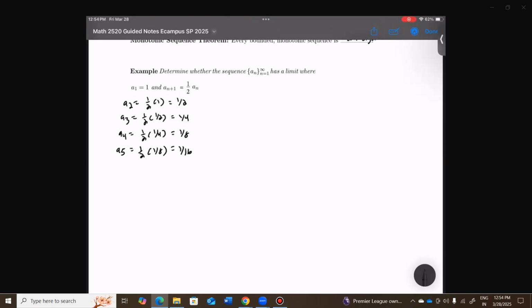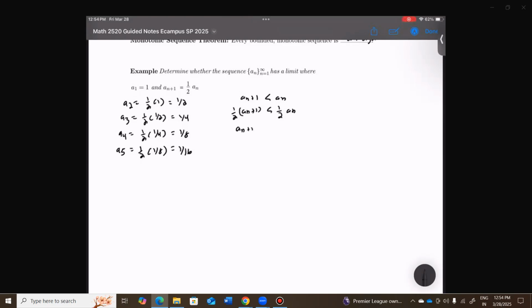Okay, so we can say that a sub n plus 1 is less than a sub n. So 1/2 of a sub n plus 1 is less than 1/2 a sub n. And then if we wanted to, we can multiply this by 2.